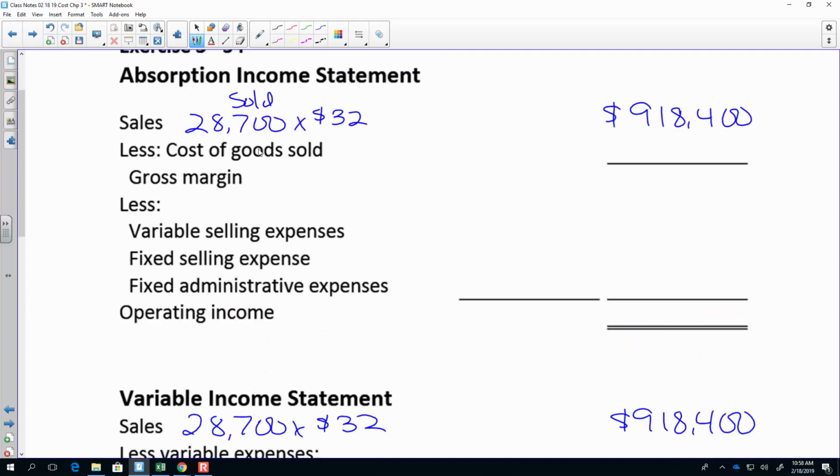All right, cost of goods sold. Same number, guys. We sold 28,700 units times what number? 16.85. Do you have the amount? $483,595.